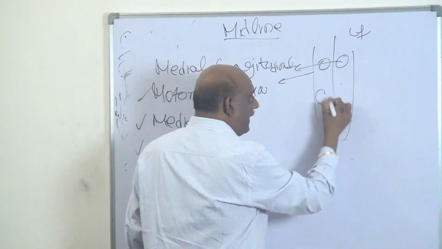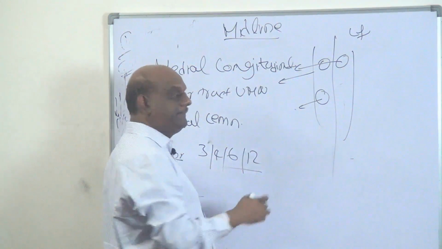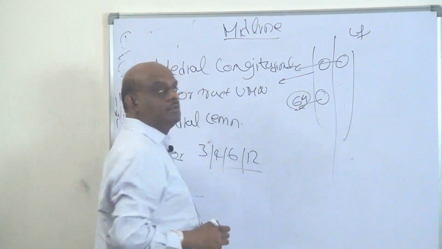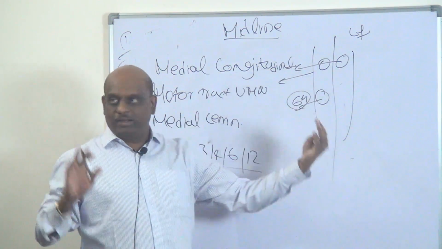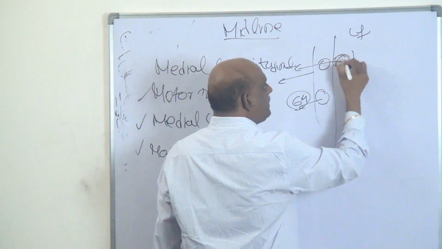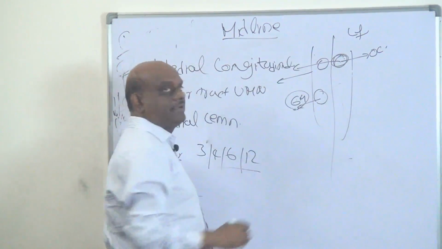On the right side in the pons, you are having the 6th cranial nerve, abducens. That makes your right eye to abduct. Then your left side oculomotor will make your left eye to adduct.